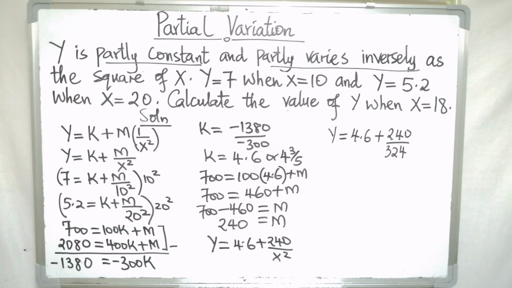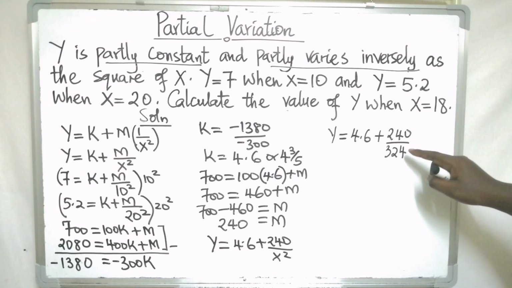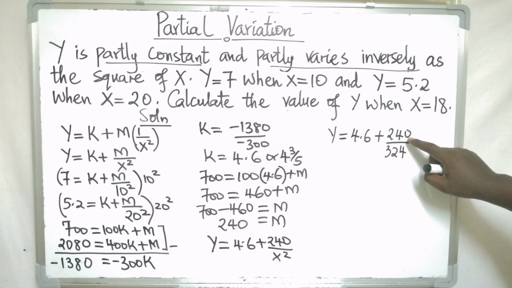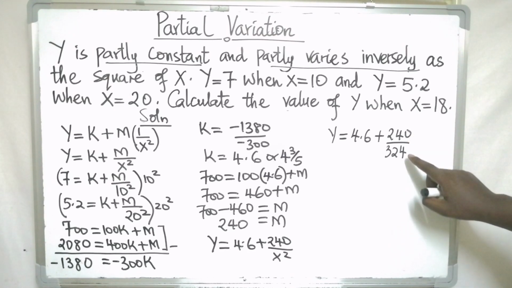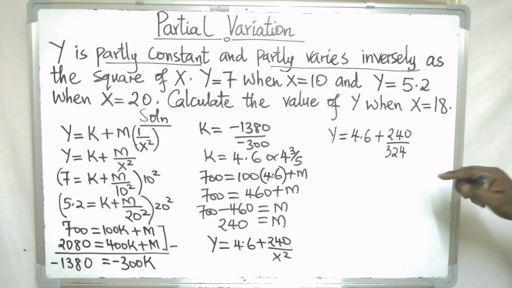Then we can simplify this fraction, 240 divided by 324. We can divide 240 by 12 and also divide 324 by 12. And that gives us 20 out of 27.